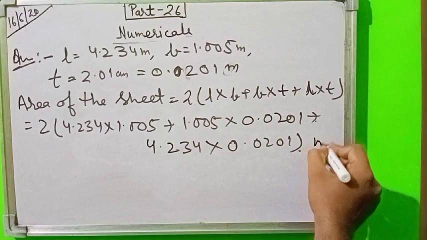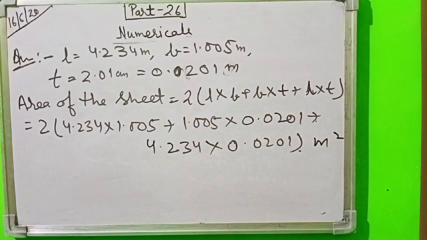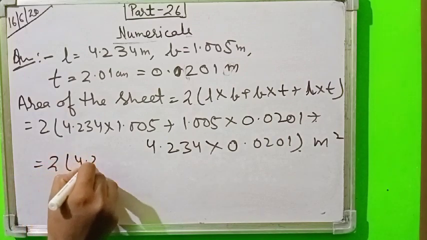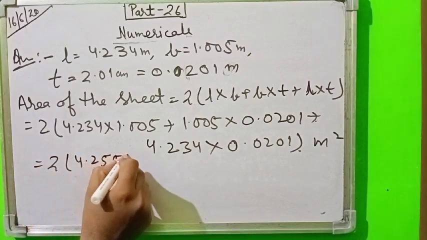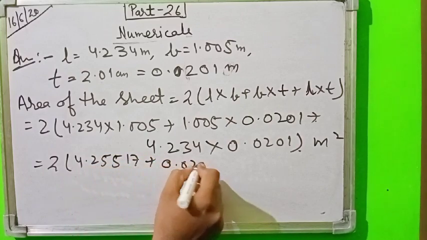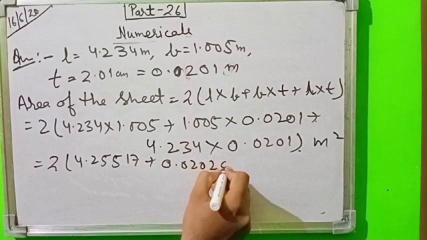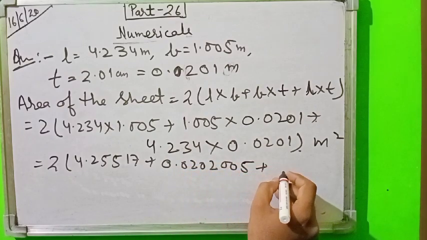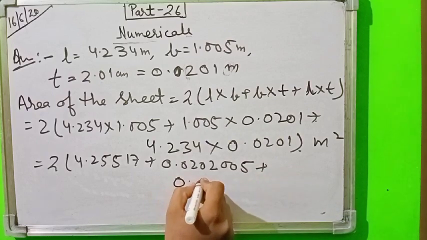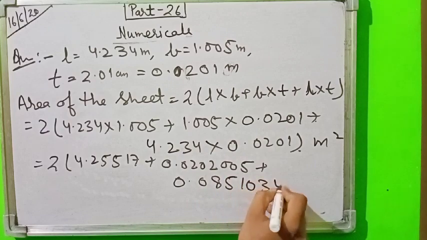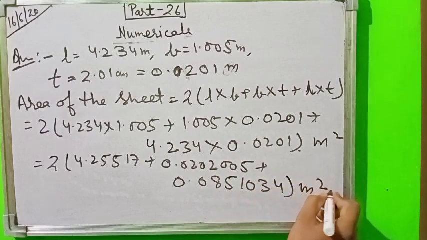It is meter square. So we get the value 2 into 4.25517 plus 0.020205 plus 0.085134 meter square.